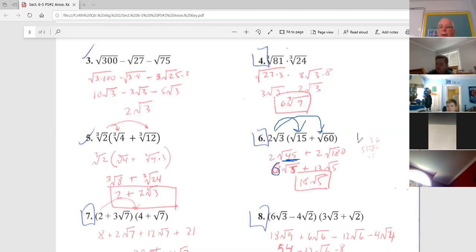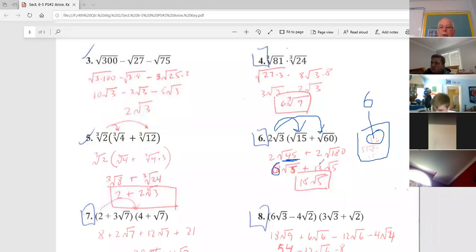And then 60, you can see my little work here, times the 3 was 180, and I was trying to see if it was divisible by 5, which we know it is because it ends in 0 or 5. And 5 into 180 is 36, which works out great because the square root of 36 is 6, right?